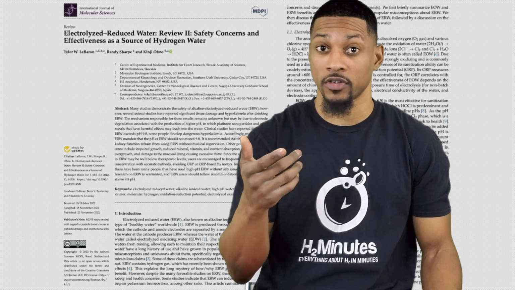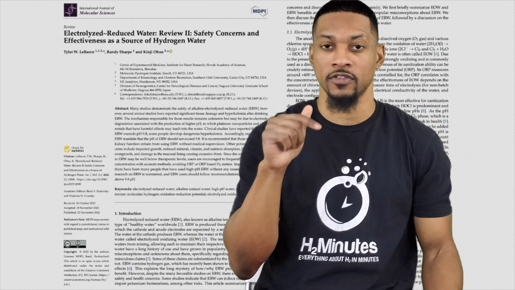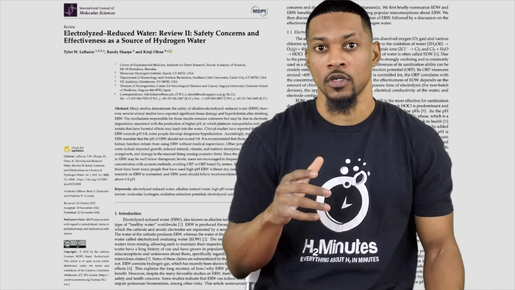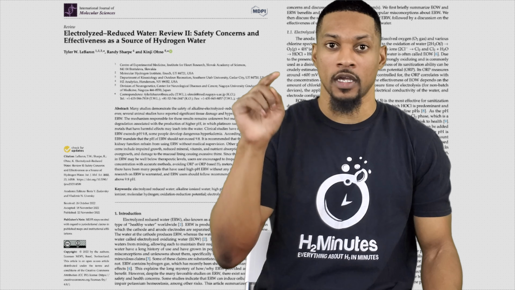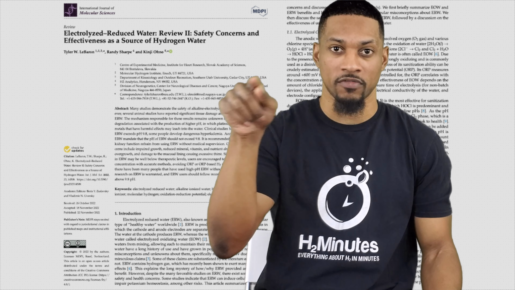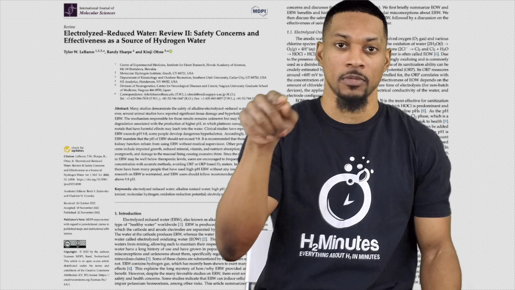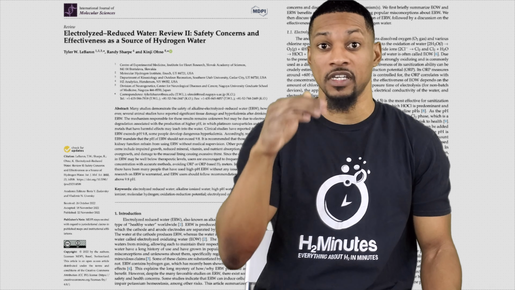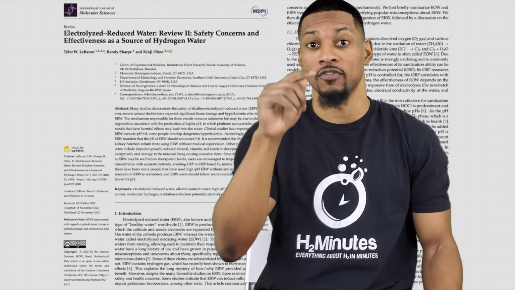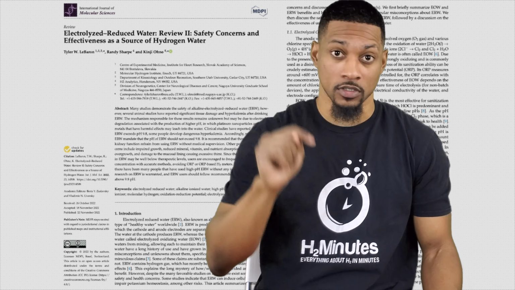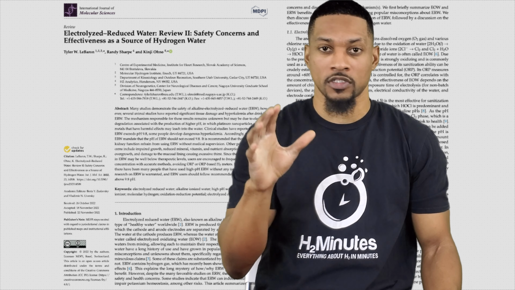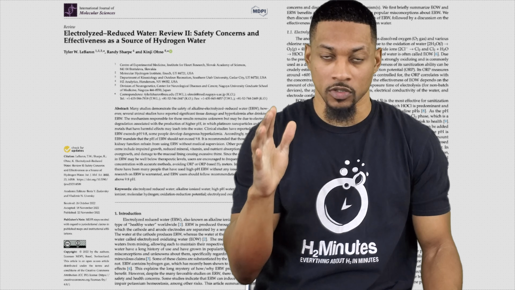And so it's important to know that if you are using a water ionizer and it says on there 9.5 pH, or 8.5 pH, or it has a level 1 pH or level 4 pH, regardless of those buttons, you should measure the pH of the water.